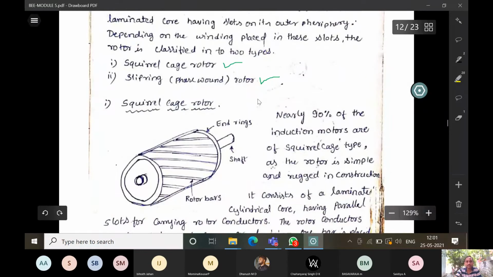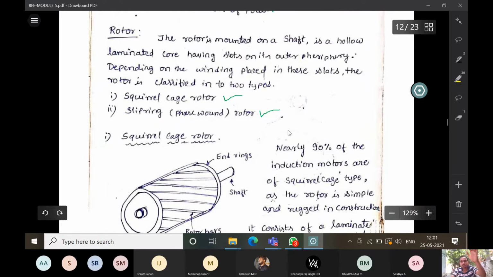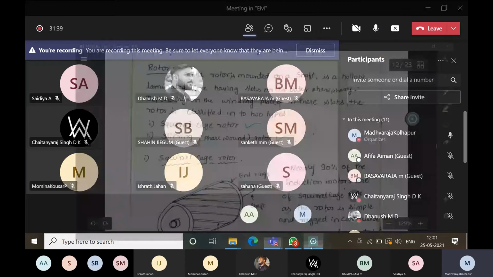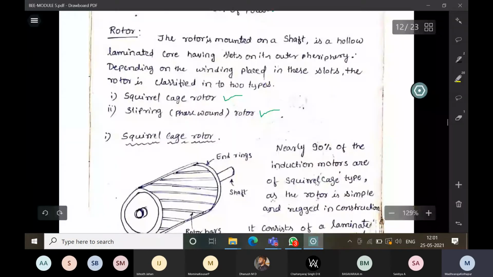Rotor slots will always be on the outer periphery, while stator slots will be on the inner periphery.